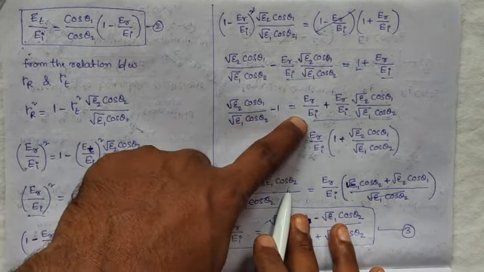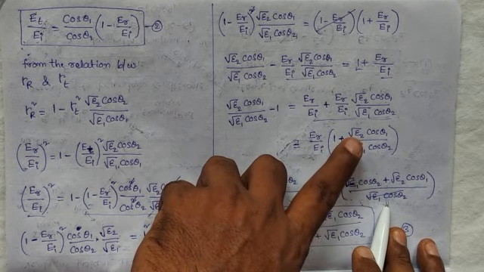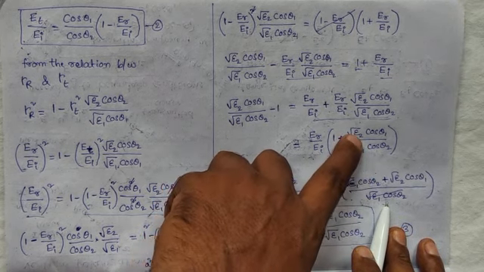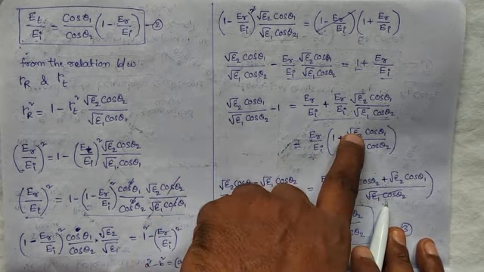Here LCM is root epsilon 1 cos theta 2, multiplied with 1 gives root epsilon 1 cos theta 2, plus we divide this one with this one, the resulting value is 1, and that 1 is multiplied with root epsilon 2 cos theta 1. On both sides root epsilon 1 cos theta 2 gets cancelled in the denominator.